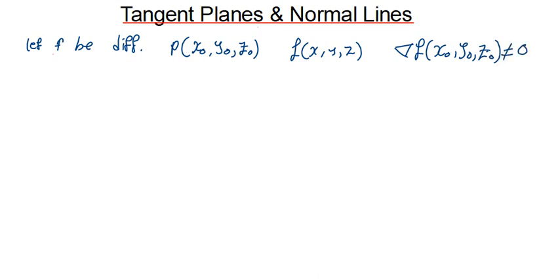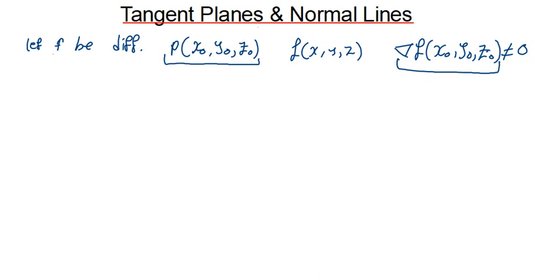Okay, so from this information that we have right here, what is going to help us determine the tangent plane as well as the normal line? The plane through P that is normal to this one here is called the tangent plane.